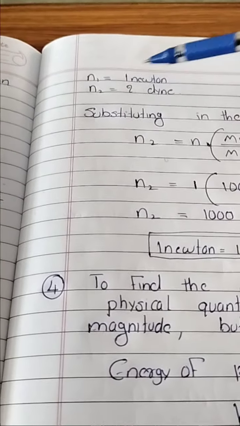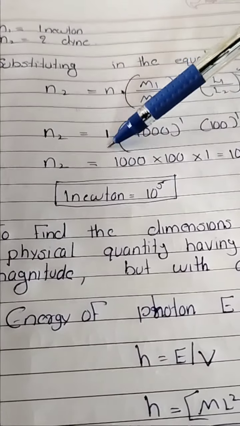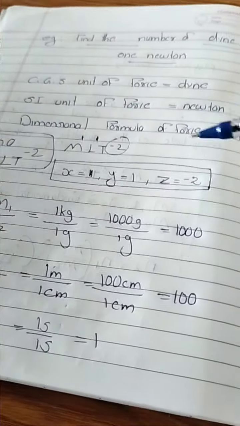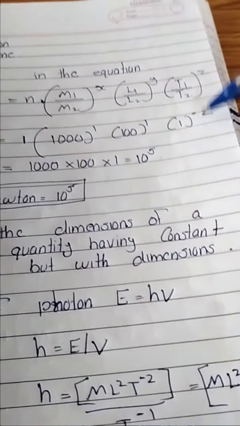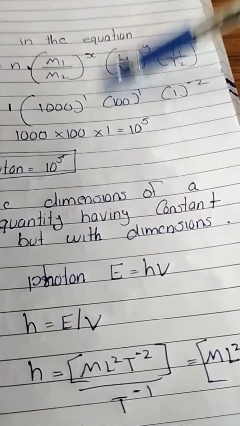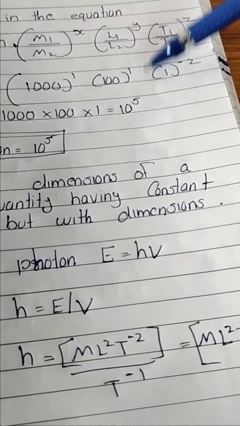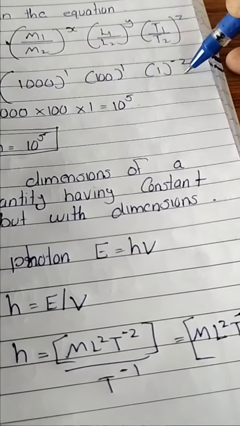So n2 equal to n1, because n1 is 1 Newton. So I am writing n1 value is 1. M1 by M2 is 1000, L1 by L2 is 100, T1 by T2 is 1. So 1000 raised to 1, since the x value is 1, the y value is also 1, but the z value is minus 2.